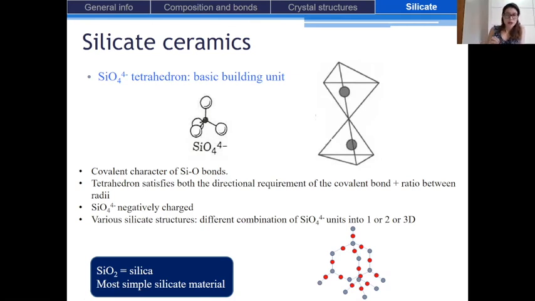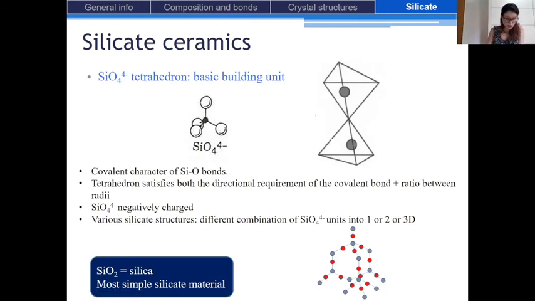The silicate ceramics will be composed of different combinations of these tetrahedron units into 1, 2, or 3D structures. The most simple silicate material is silicon dioxide, or silica. So 2 atoms of oxygen for 1 of silicon.